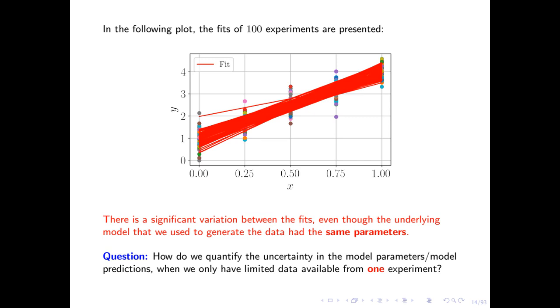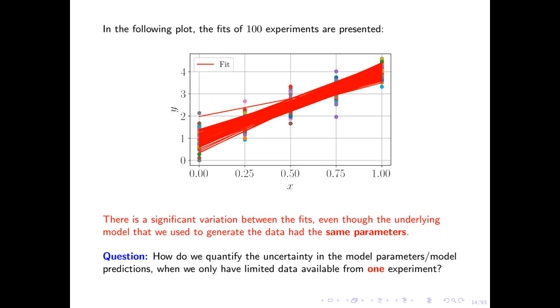And from this, we can see we obtain clearly many models from this data set. So even though the underlying model was exactly the same, because we have limited data and we have noise added to it, we are recovering different models from this data set.